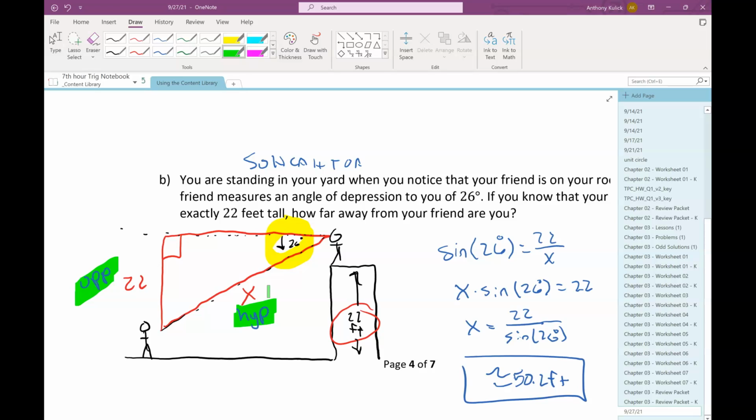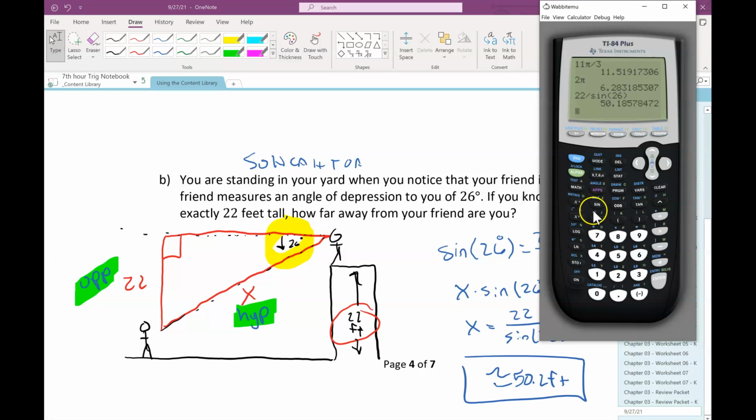Is that what you're asking? Do you know the opposite of sine is like CSC? That's not opposite, that's reciprocal. Sure, you could use cosecant of x over 22. The problem is, if I go to my calculator, cosecant is not built into my calculator.